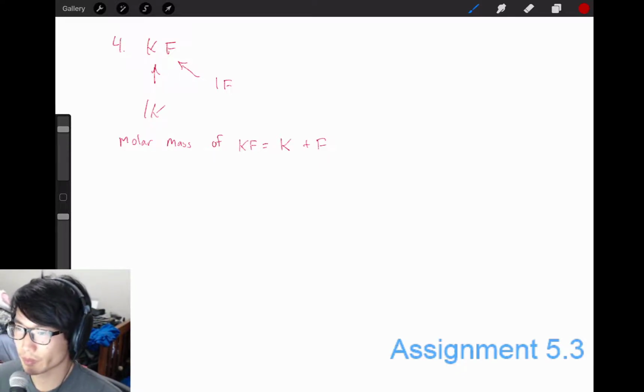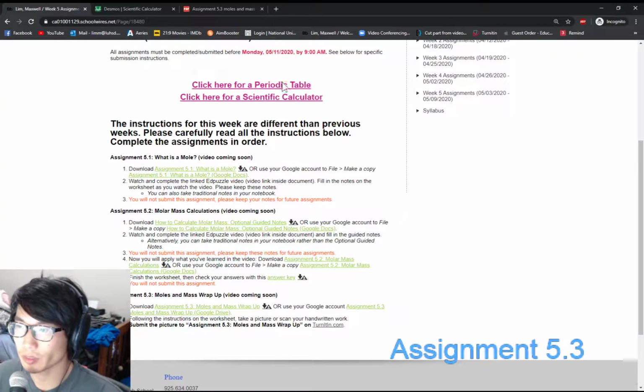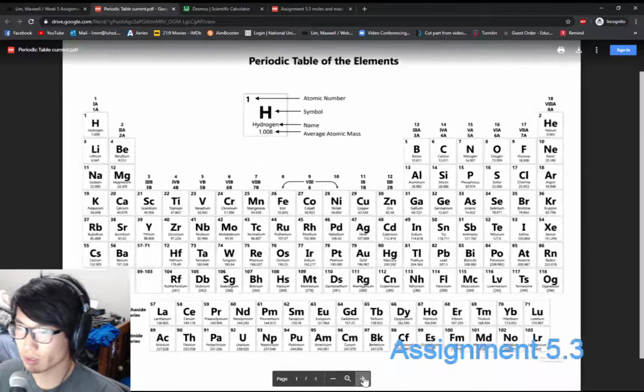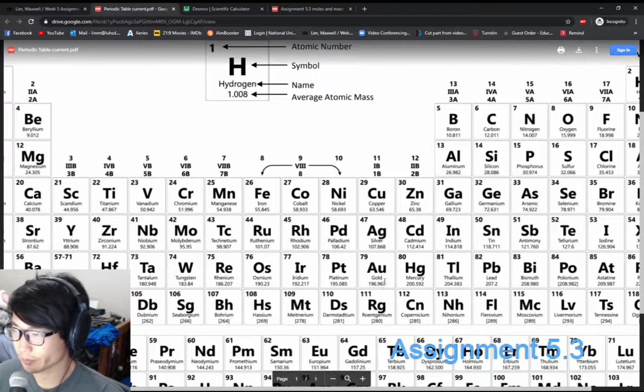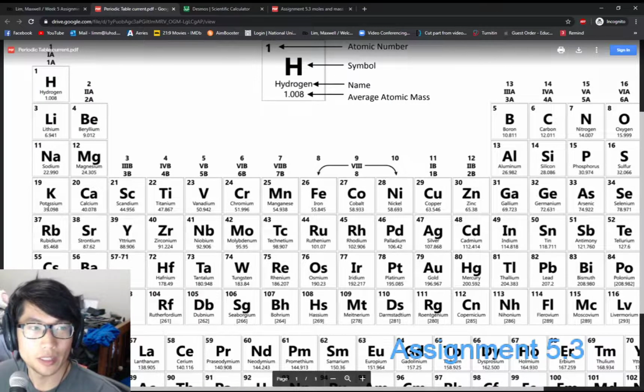Okay. So now we have to reference a periodic table. On my website there's a periodic table. So we go there. Click the zoom button. First, I need the mass of potassium.